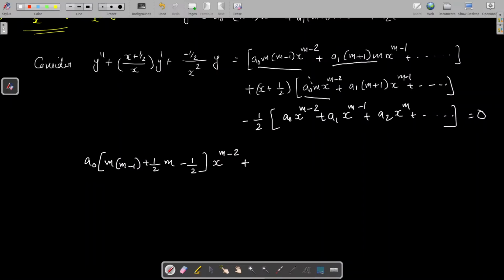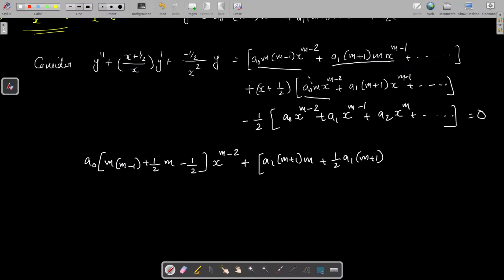In the first expression, here we have a1 into m plus 1 into m. x raised to m minus 1 we can take outside. And now in the second expression, first we multiply half into this term. Then there is a term with x raised to m minus 1. So we can write plus 1 by 2 a1 into m plus 1.